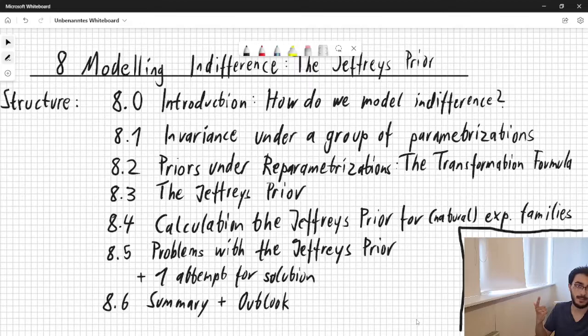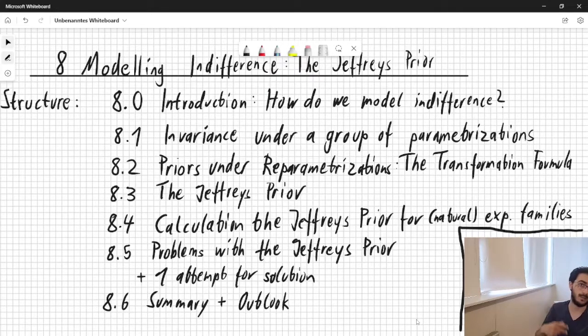We've even seen that 8.1, invariance under group of parametrizations, is sometimes included in the Jeffrey prior. But we've also seen that it can have major drawbacks in the multidimensional case, which is why, for example, we need the reference prior approach.